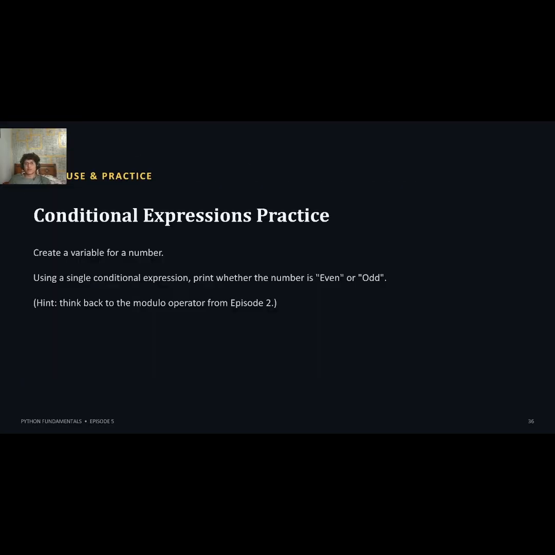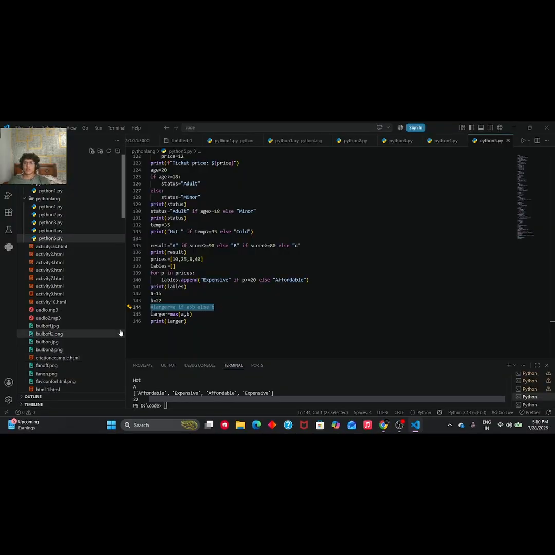The next one is the question. Just pause the video and try this question by yourself first, then you can check the answer. Create a variable for a number. Using a single conditional expression, print whether the number is even or odd. And think back to the modulo operator from episode 2. Let's try this out.